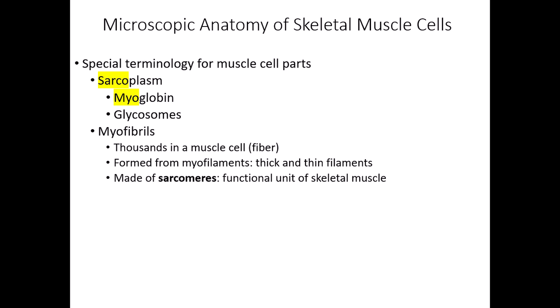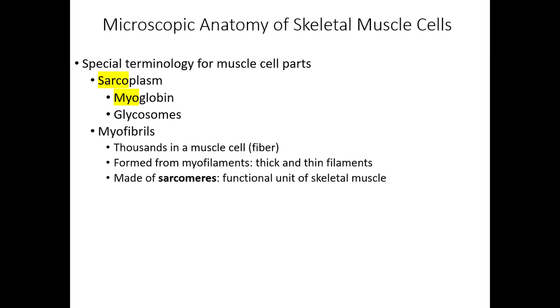Okay, so you've got that zoological root there to kind of clue you into the fact that a myofibril is going to be a smaller thing than a muscle fiber. So there are thousands of myofibrils within a single muscle cell, which we call a muscle fiber.